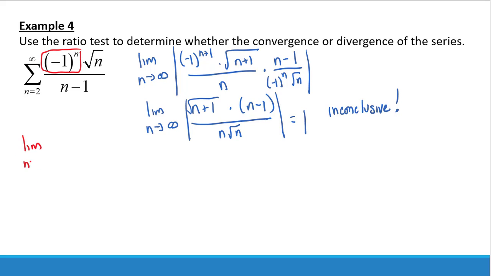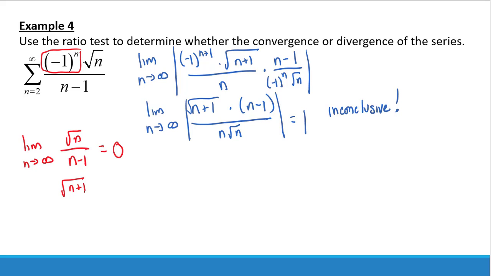Highest power on the top is 1/2. Highest power on the bottom is 1. The bottom's going to get bigger faster, so that is going to go to 0. And then we need to prove that the n plus 1th term is less than or equal to the nth term.